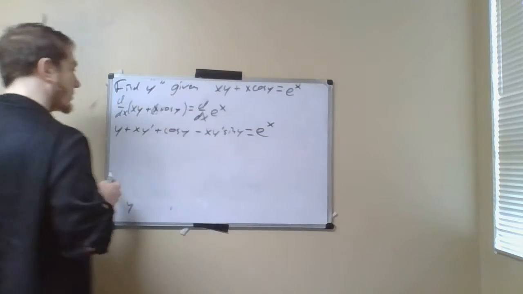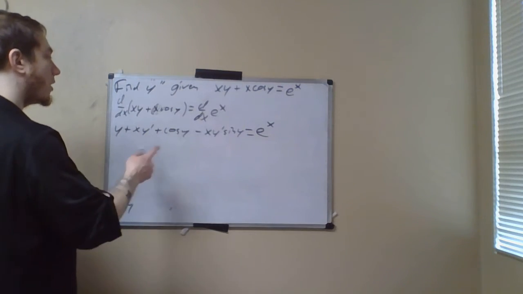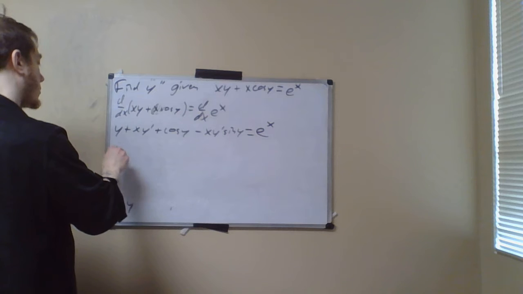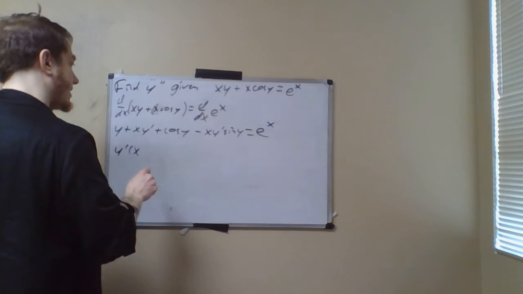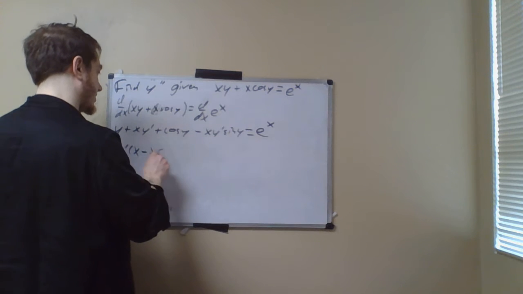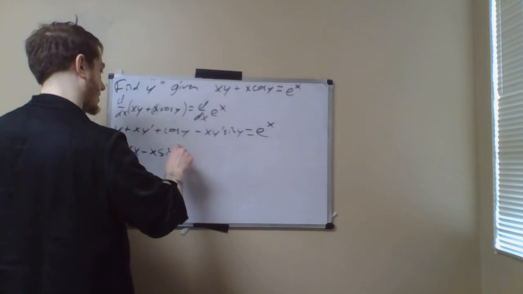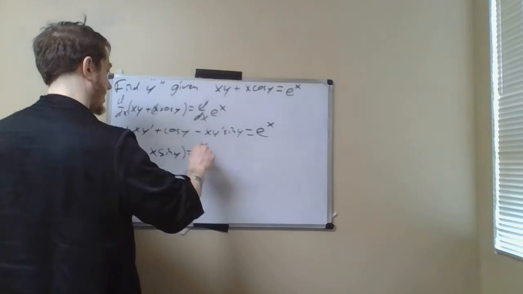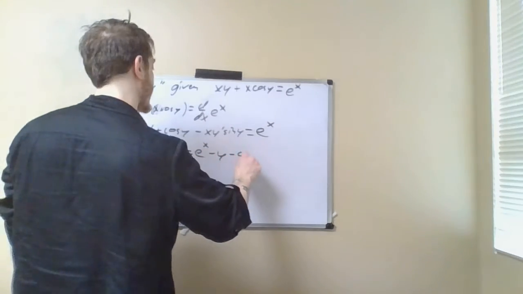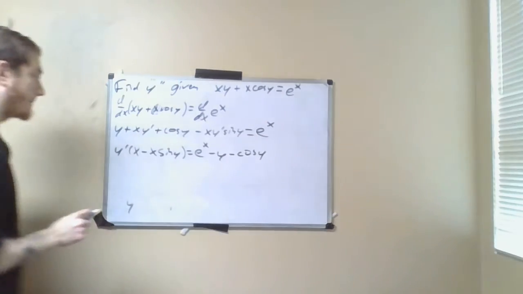So this is now going to allow me to solve for y prime. We're going to get y prime times x minus x sine y is equal to e to the x minus y minus cosine y.